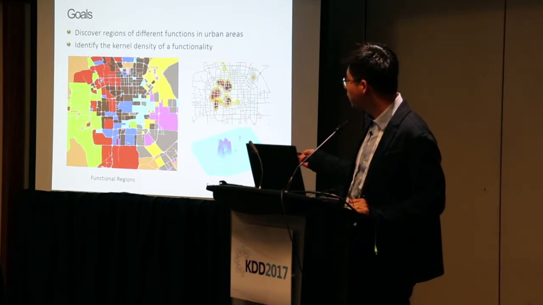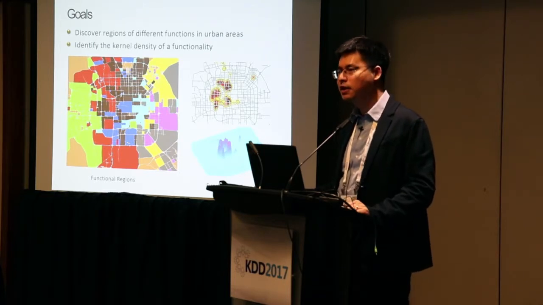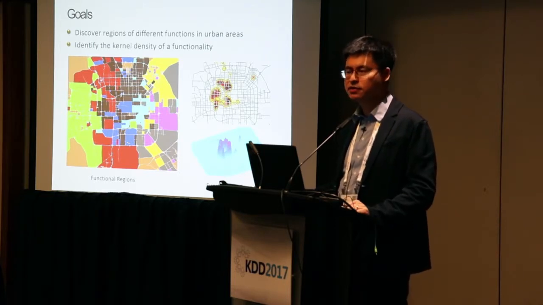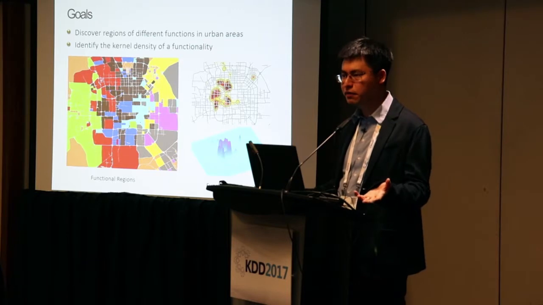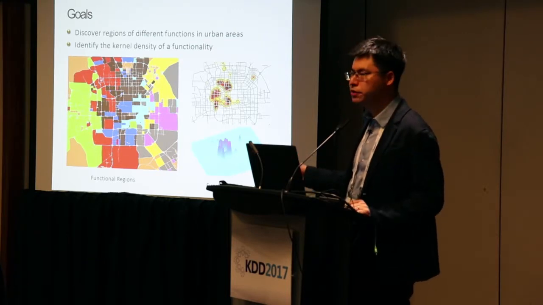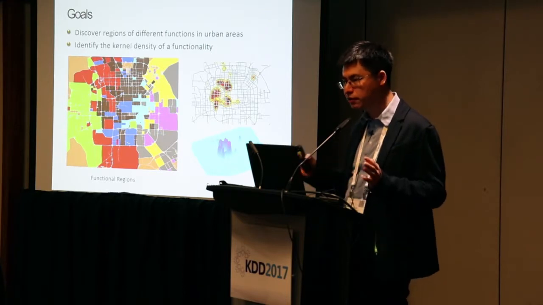For example, even if we know there's Tsinghua University and Peking University located in this place, it does not mean every part of this place serves the educational function. You may also observe some residential area or some company located in this area. So the function of this region can be represented by a distribution of function across different categories.